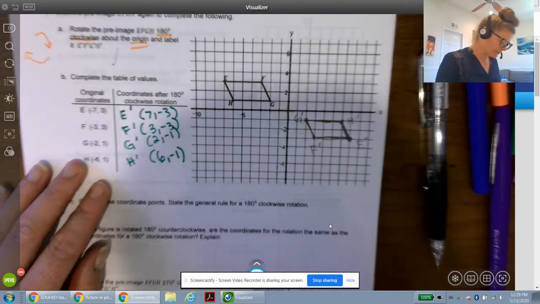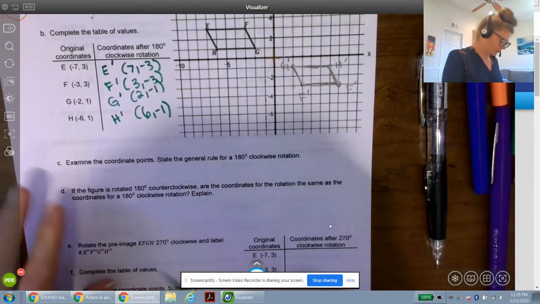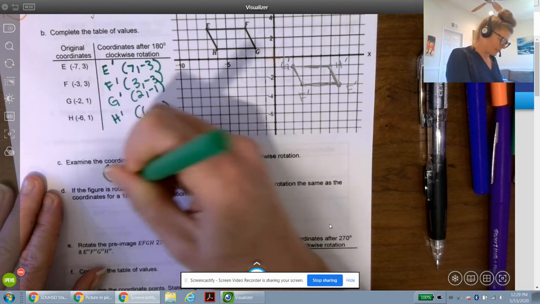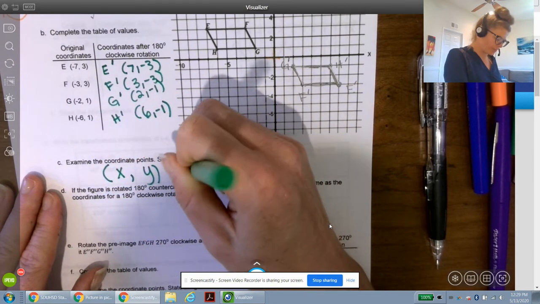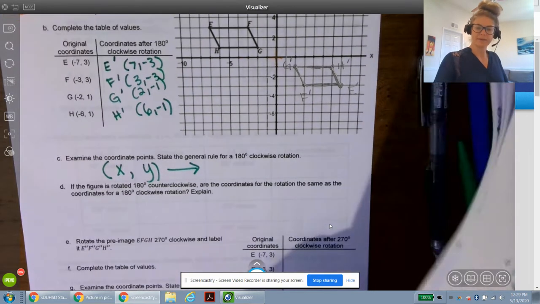Cool. Perfect. So now we're going to look at the coordinate pairs and we're going to look for a general rule. So remember last time how our x's and y's kind of swapped around. So we want to be aware of that. That's an option that could be happening with us.